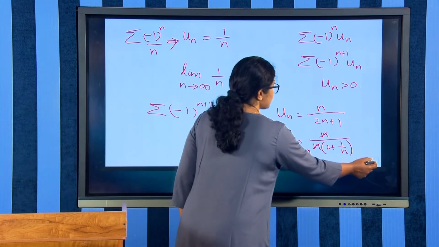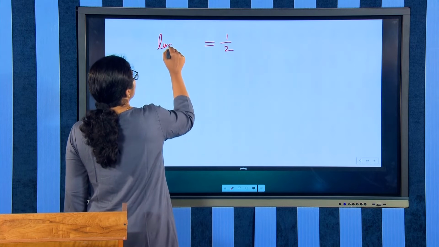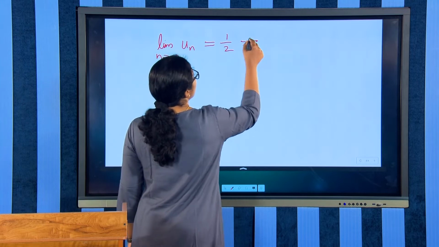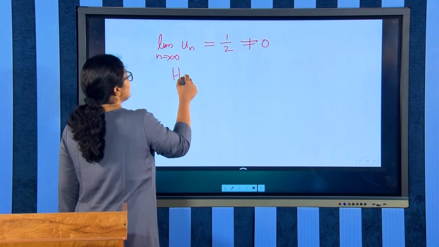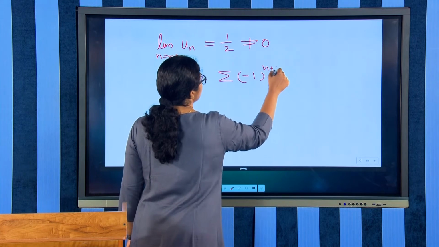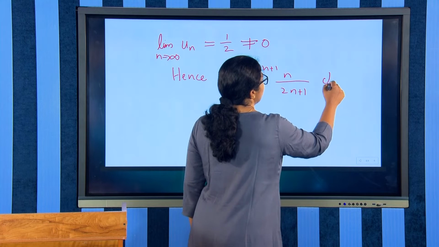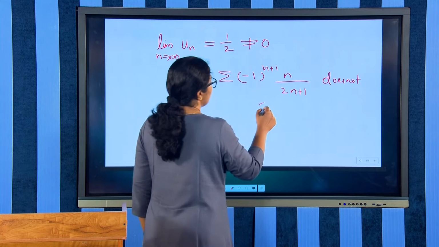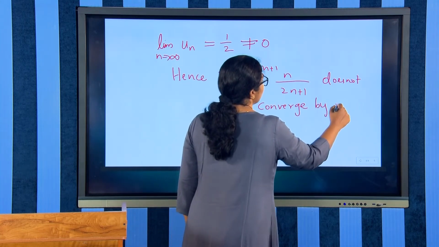You are getting it as 1 by 2. So, limit n approaching infinity un is a finite non-zero quantity, and hence we can say this series summation negative 1 power n plus 1 n upon 2 n plus 1 does not converge. By which test? By nth term test.